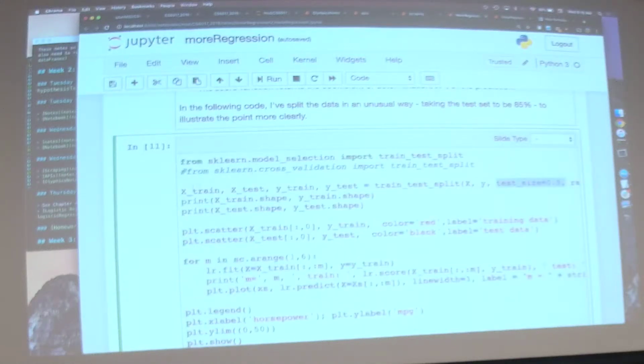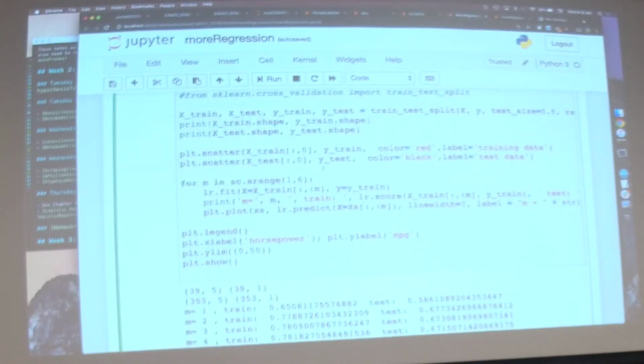We're picking rows randomly out of each of these matrices to go in our data sets. When we look at the shape, 90% of the rows will be in our testing data set.